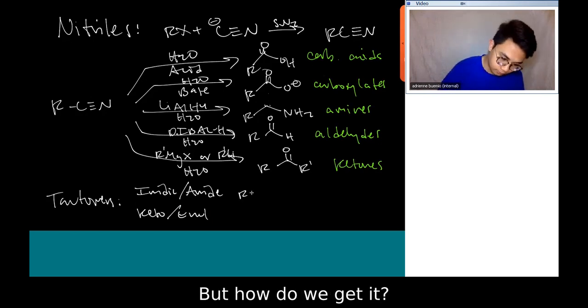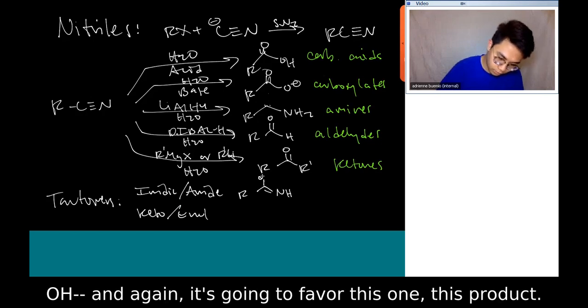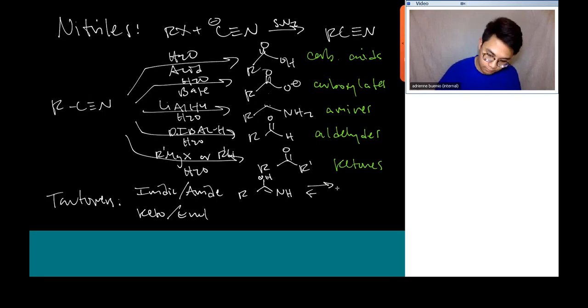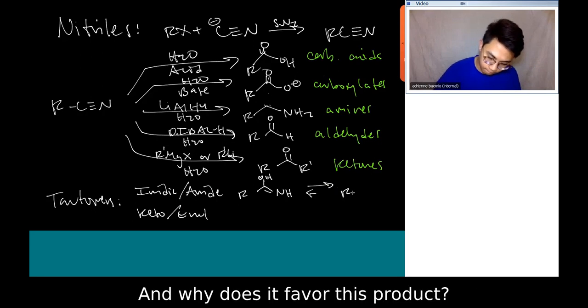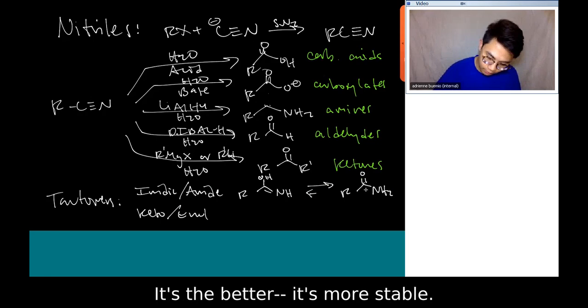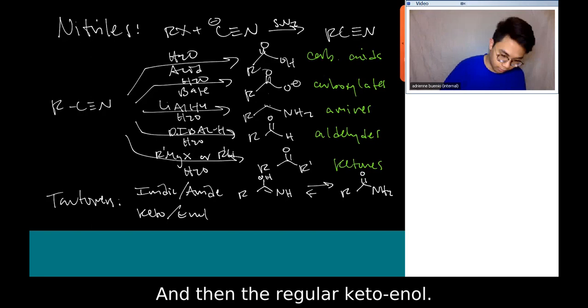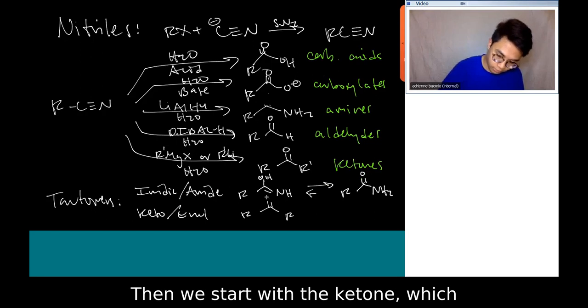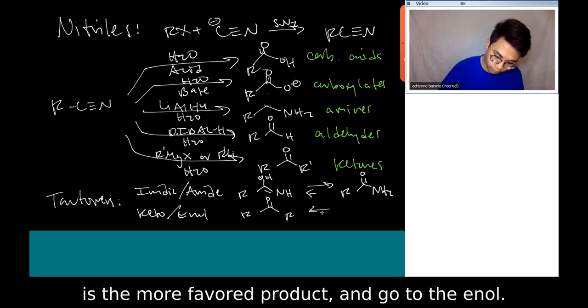But how do we get it? OH, right? And again, it's going to favor this product. And why does it favor this product? Because this C=O bond is better. It's more stable. And then the regular keto-enol: we start with the ketone, which is the more favored product, and go to the enol.